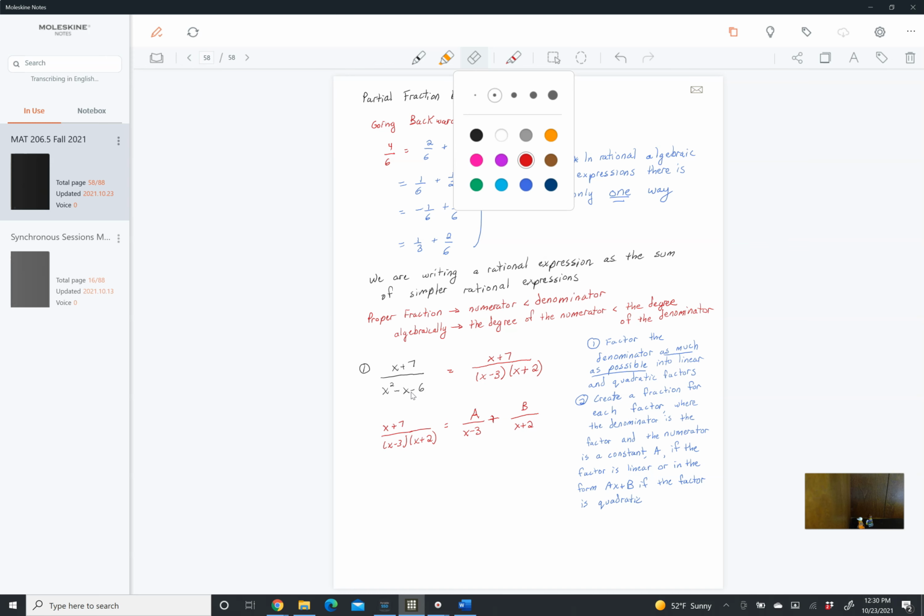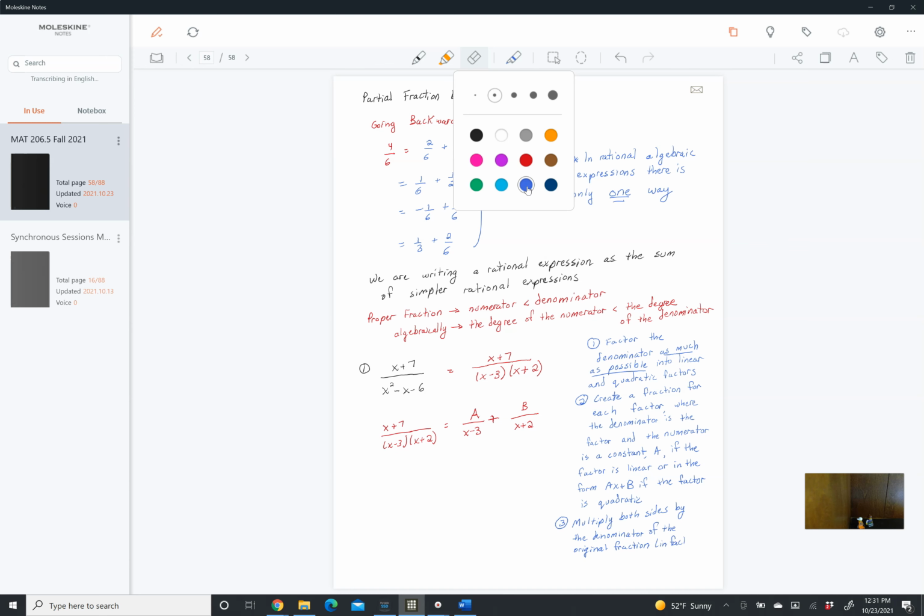So the next step is to multiply both sides by the denominator of the original fraction, in factored form.